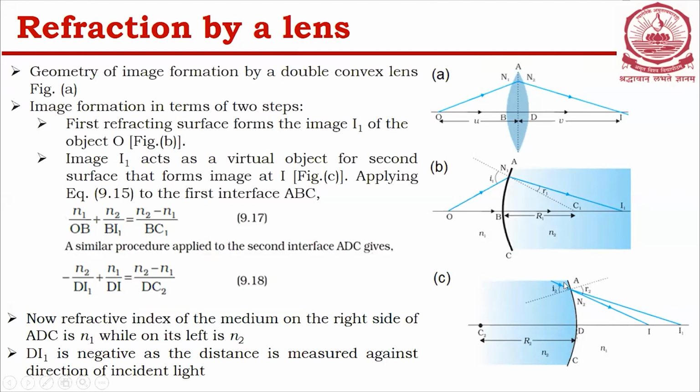So the first surface forms an image at I1, this I1 will be the object point for the second surface, and the final image forms at I. Please remember equations 9.17 and 9.18.